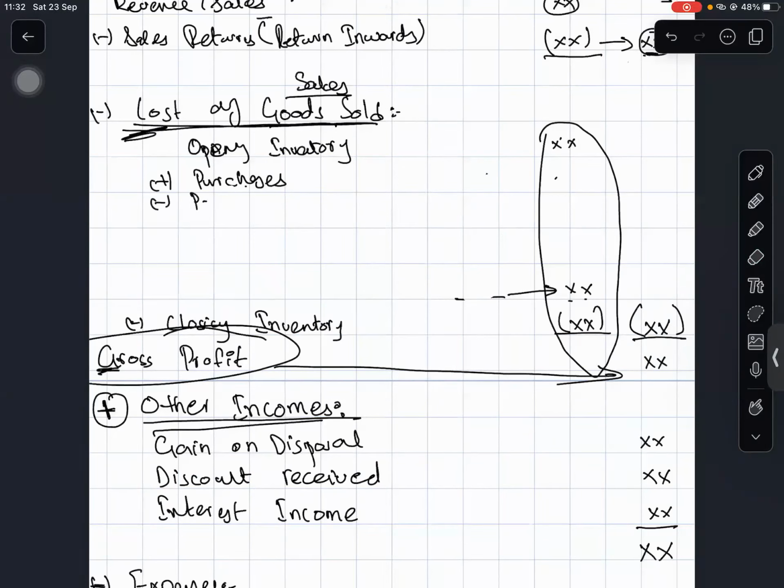Purchases, yes. Purchases, returns. Then you will arrive, or you can just add your carriage inwards after this into this figure, and then the answer that you get, you also have to subtract one other thing which is called inventory drawings.